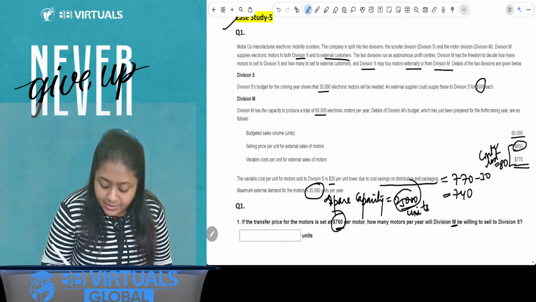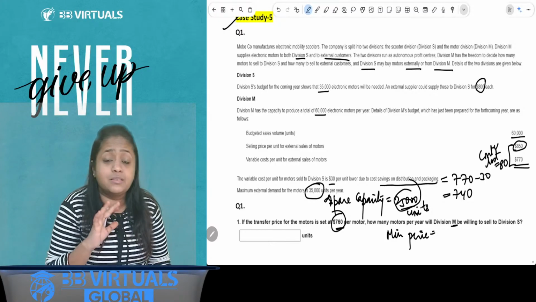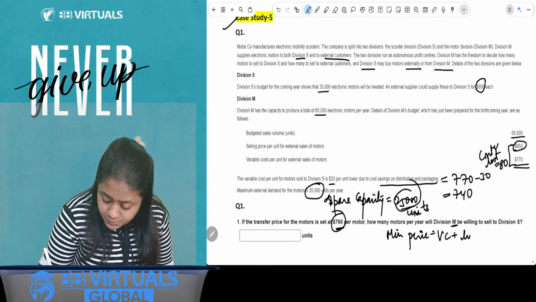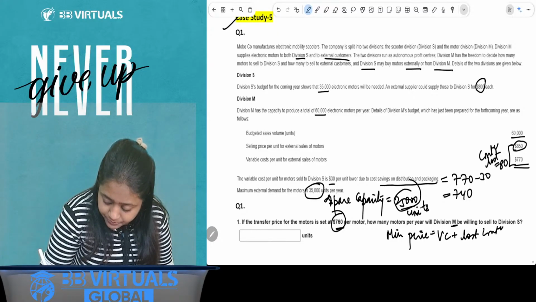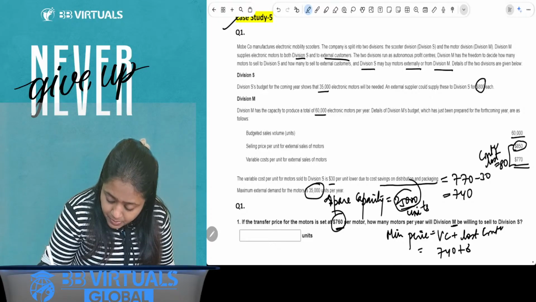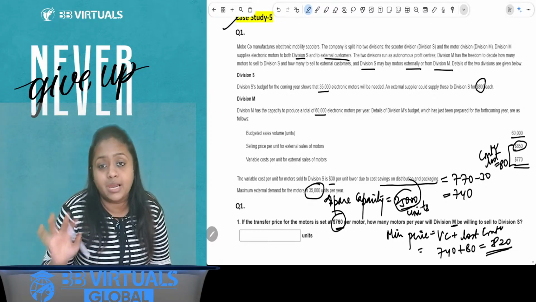So now, by applying the opportunity cost principle, what is the minimum price the selling division would be ready to sell at? Variable cost plus lost contribution. Variable cost here is 740 plus 80, that is 820. So they would not sell at below 820.